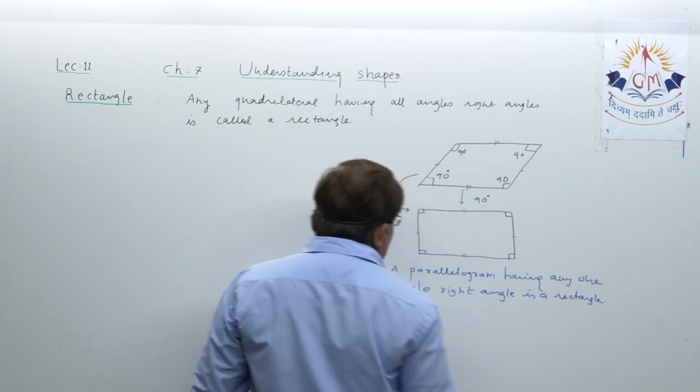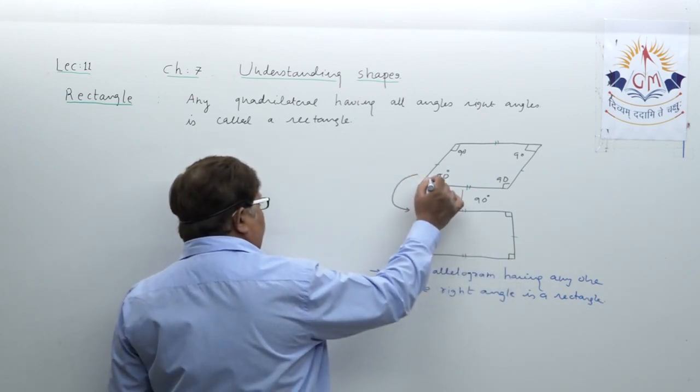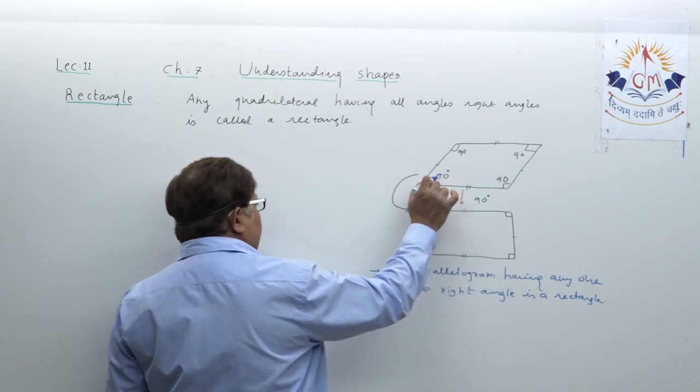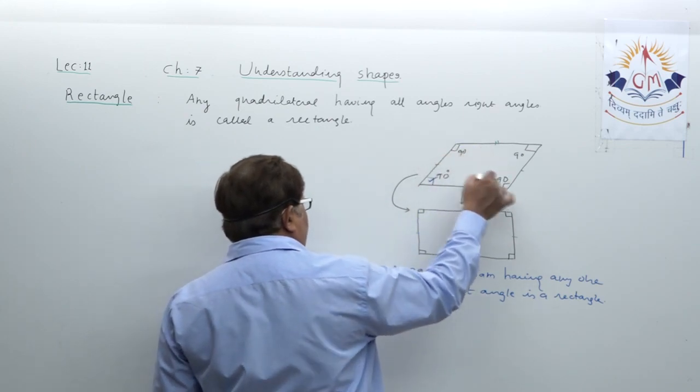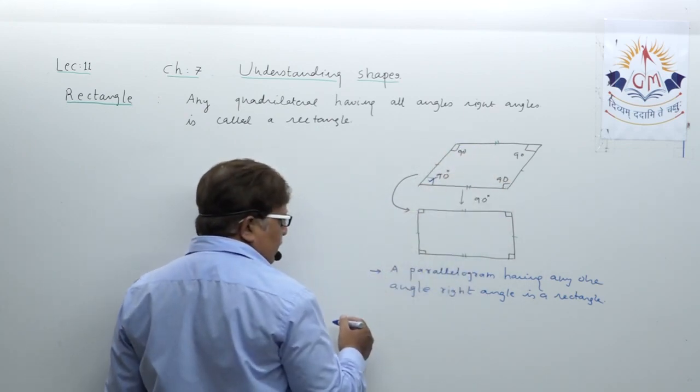Understood? Actually, one angle given as a right angle allows you to prove all angles are right angles.